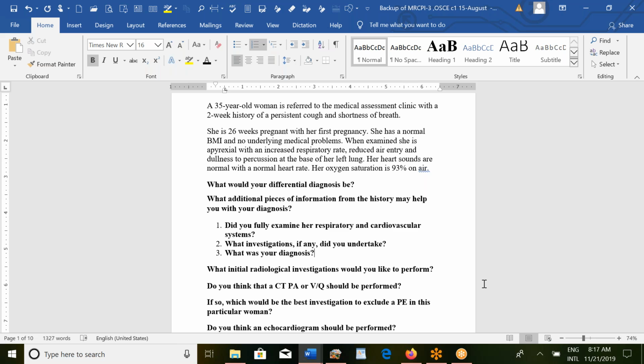You must have received your tickets, so you should know which station you are going to start your circuit at. Pay attention to that number because you should not miss even 30 seconds. So you both are taking your OSCE on Saturday, right?